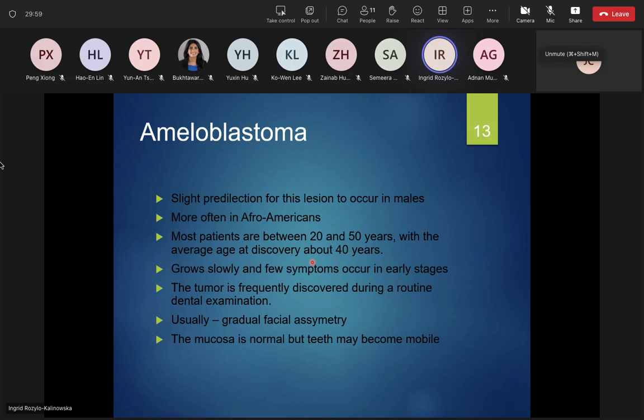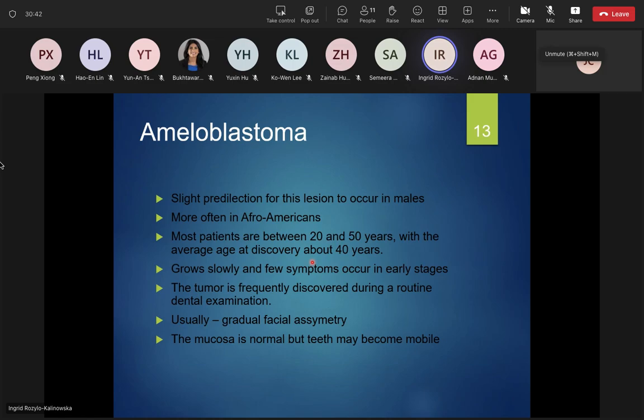So peak appearance is reported at around 40. But on the other hand, nowadays, with more and more examinations being taken, I would never say routinely, because according to the guidelines, you need justified indications for every single use of X-rays in diagnostic imaging of humans, but still it's quite frequent that nowadays a lot of radiographs are being taken in patients during or after dental treatment and follow-up.